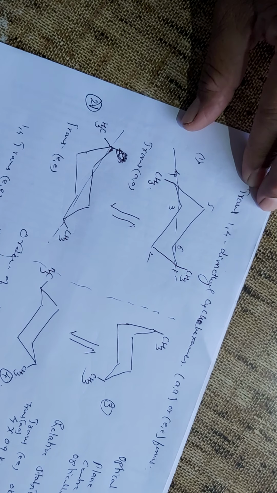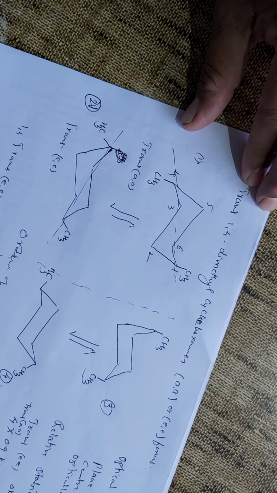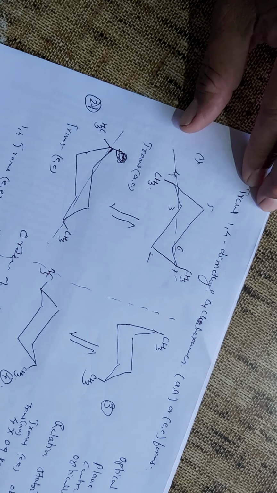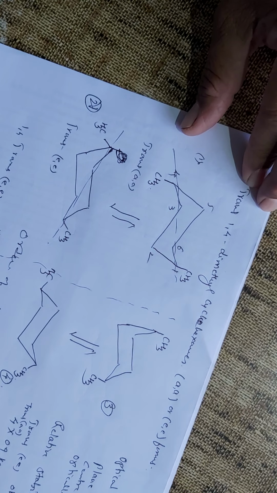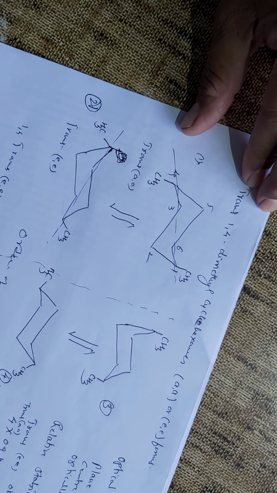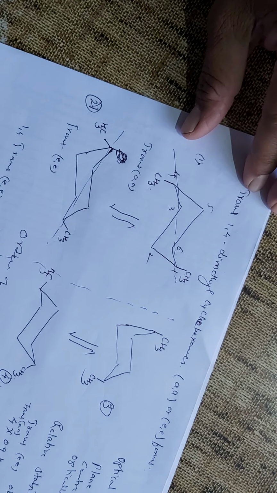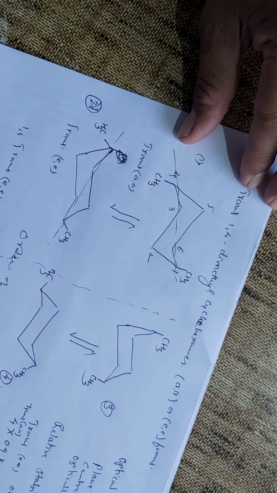In these, the internal energy is 1.8 kilocalories because only one group is axial, and here the trans 1,4 axial axial contributes 3.6 kilocalories of energy.